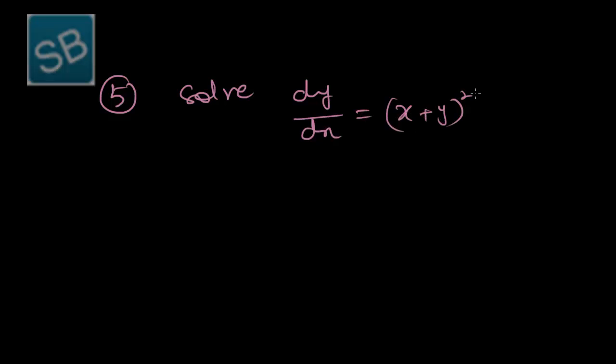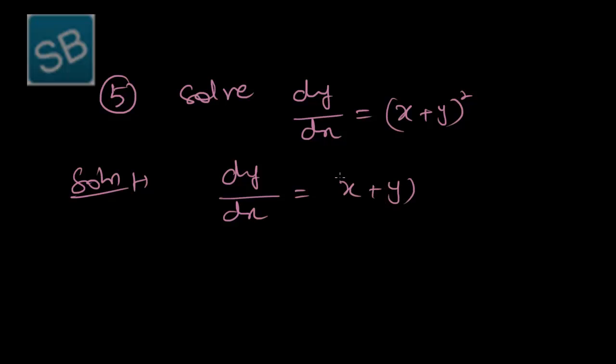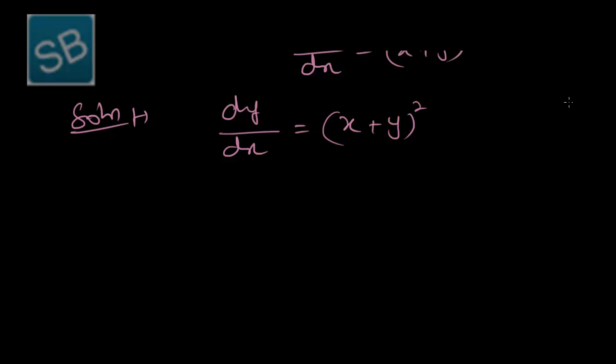Now the next problem is: solve dy by dx is equal to x plus y whole square. In this problem we can see that it is not easy to separate the variables, because if we open x plus y whole square, it will contain x square plus y square plus a mixed term of x and y. So it is not easy to solve this question by the variable separable method directly.